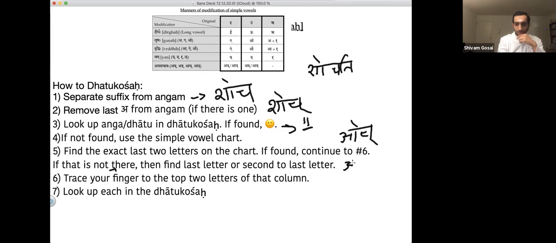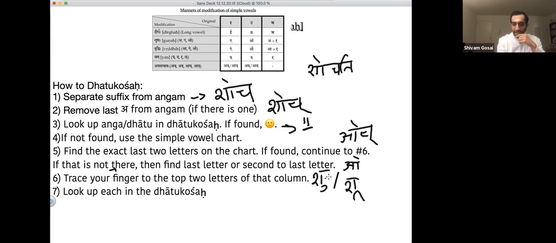So I'm going to put an o. Now, I trace my finger from o to the top. So it's shu. Now I look that up in the dictionary.